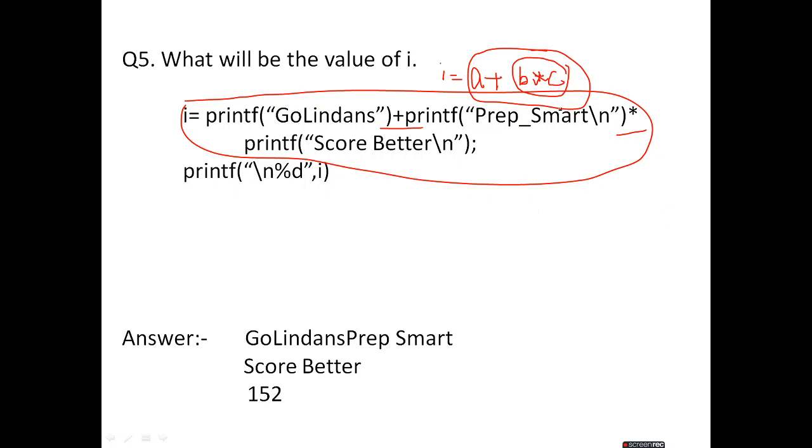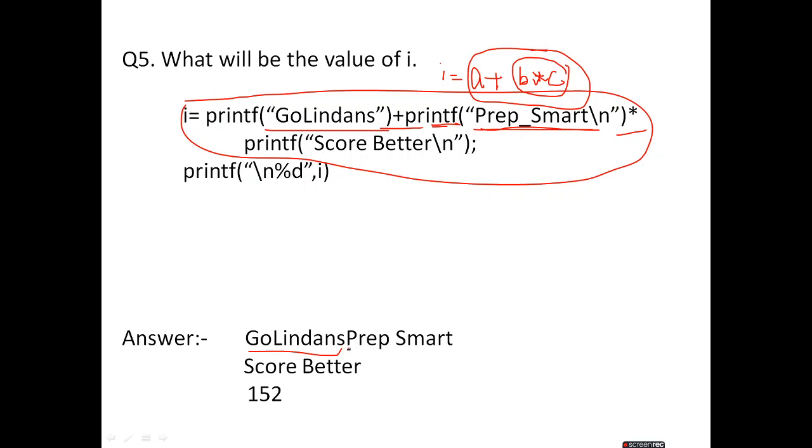So what will printf do? It will first process all the characters to the output screen and then return the number of characters processed. It will first print go linden, then print prep smart, because there is no new line or space, so both are printed without any space.